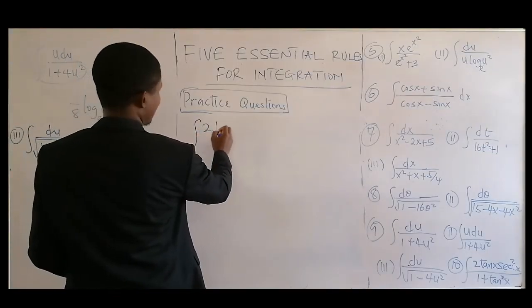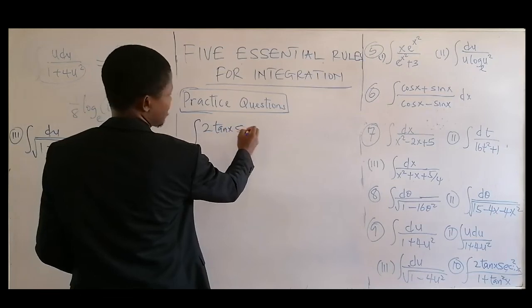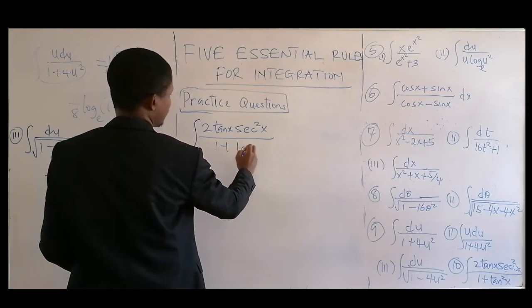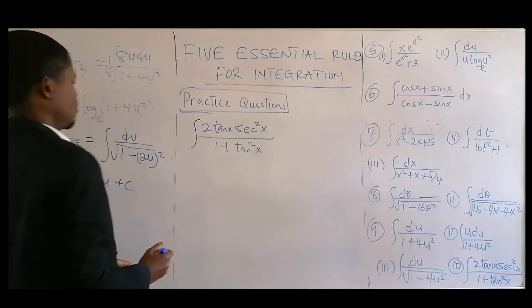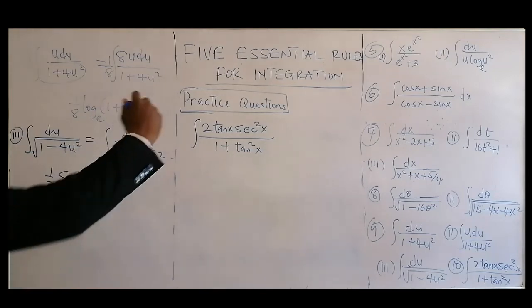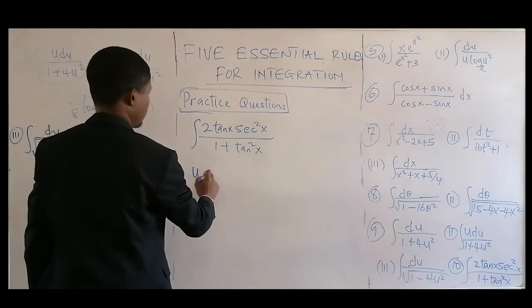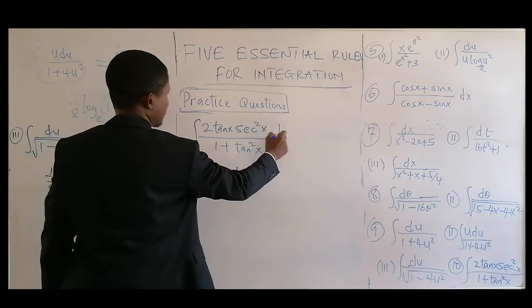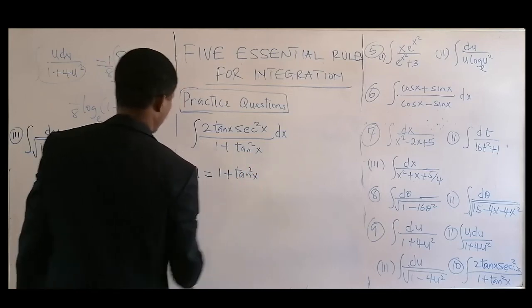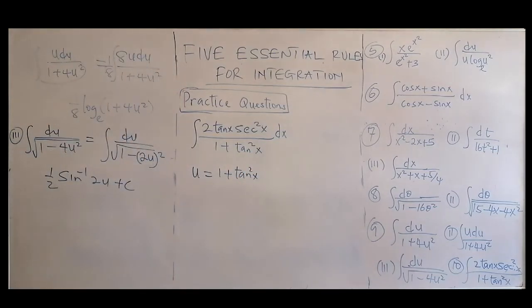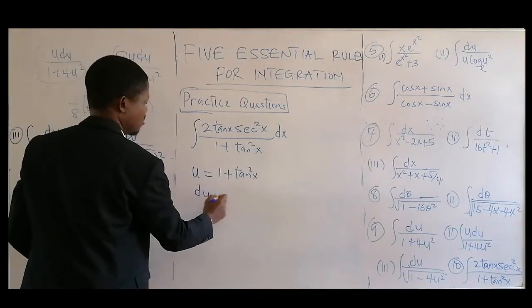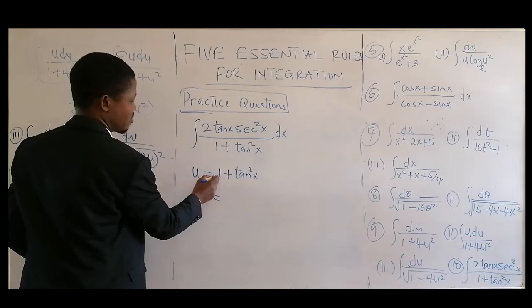Which will be the integral of 2 tan x sec squared x over 1 plus tan squared x. What can we do now? I think it's easy. Let's call this u equal to 1 plus tan squared x. The derivative of 1 is 0.